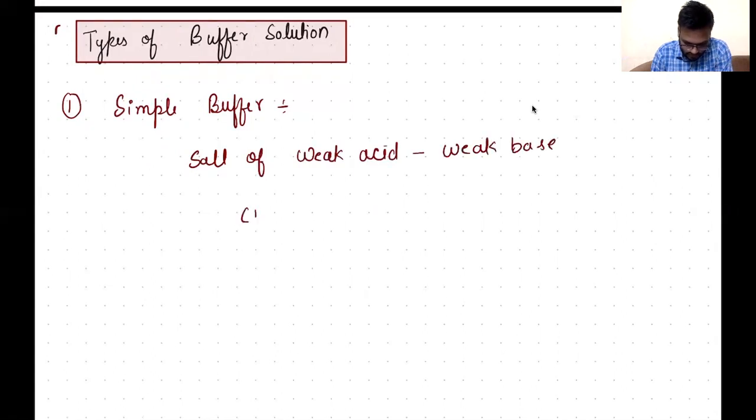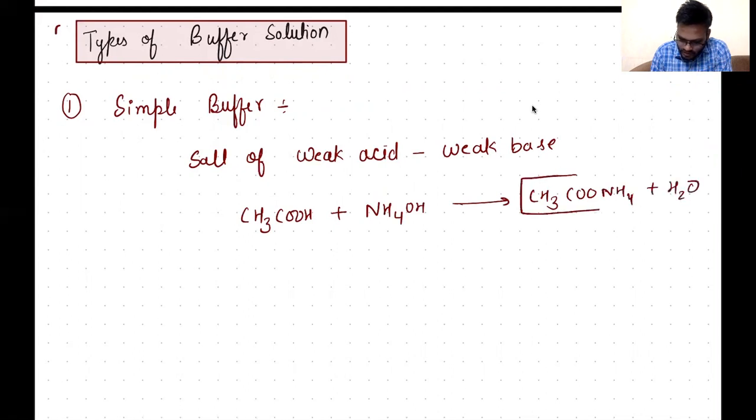For example, CH3COOH, combination of CH3COOH and NH4OH, that is CH3COONH4. We add this salt into water, then this salt is going to act as buffer. What is the meaning of that? Water containing CH3COONH4 will try to resist the change in pH. So this is a buffer which is having only one compound.